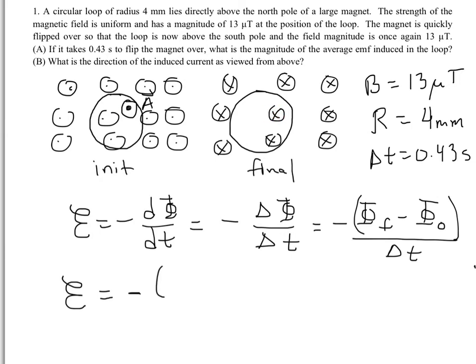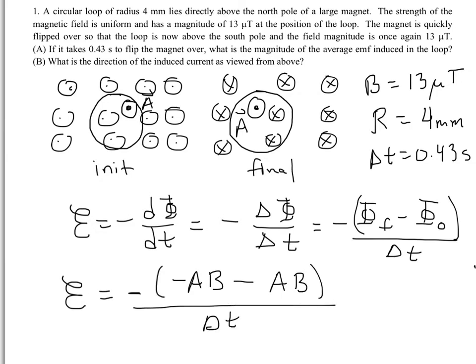The A vector is still the same. In fact, I can write it again here just to emphasize that point, because the loop has not rotated or changed at all. So the final flux would be minus A times B, minus the initial flux. The initial flux here, again, is positive because A and B are in the same direction, and it has the same magnitude, A times B, divided by delta t.